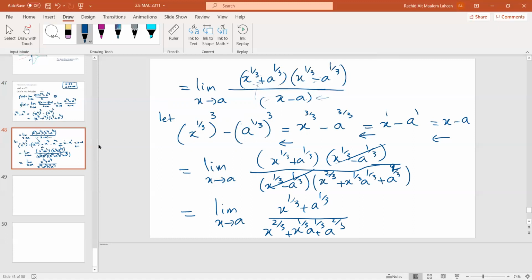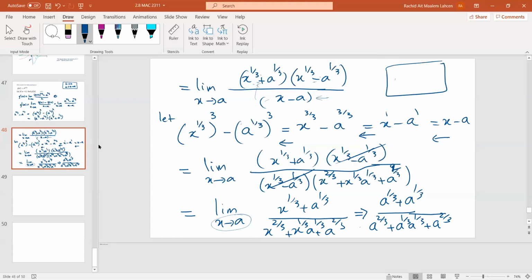Then now put a for x because of this limit. So it's going to be a^(2/3) plus a^(1/3) a^(1/3) plus a^(2/3). So this is a^(2/3), this is a^(2/3), and this is a^(1/3) times a^(1/3).